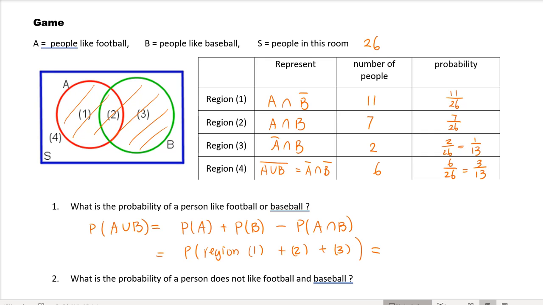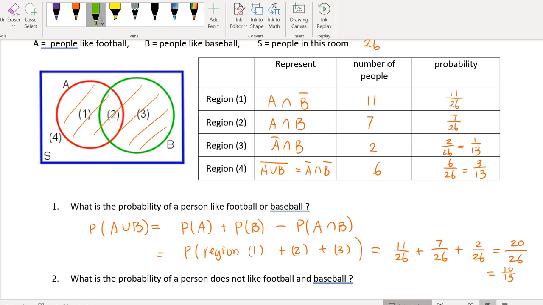So that's why we just add the probabilities of those regions together: 11 over 26 plus 7 over 26 plus 2 over 26. So that is 20 over 26. And that is what? 10 over 13, right? Okay.